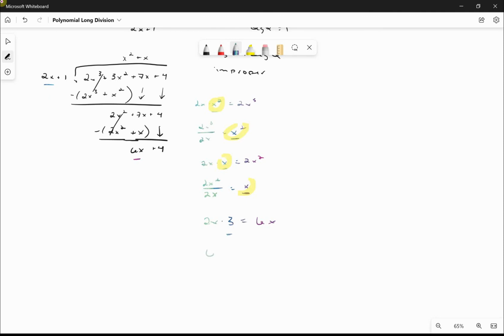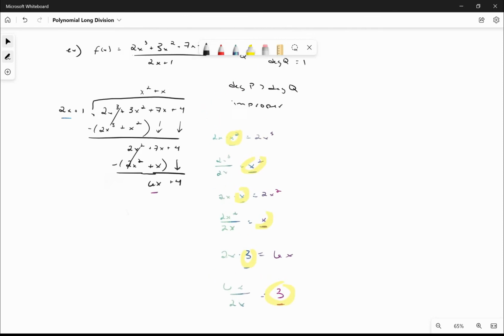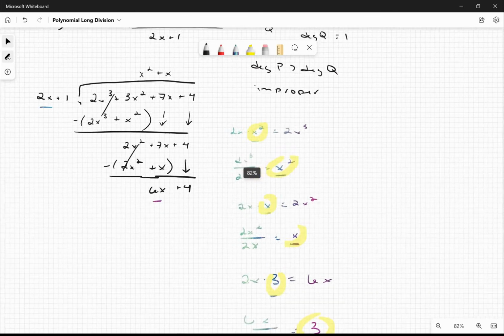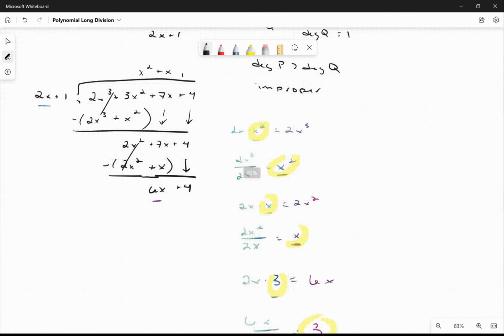But we could also say 6x divided by 2x is 3, right? So it's 3. That's what's going to go above the line, and we like to keep it in the right column there. So plus 3 here. It's a little bit messy, right?